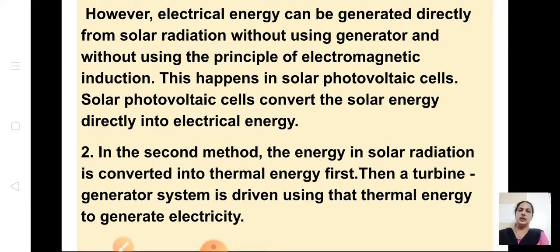Even in the nuclear reactor, thermal energy is produced, and that helps to rotate the turbine. In the same way here, the solar radiation is converted into thermal energy first, and then the turbine generator system is driven using the thermal energy to generate electricity. So the first one was directly solar energy to electricity using the photovoltaic cell. That we will learn in detail.